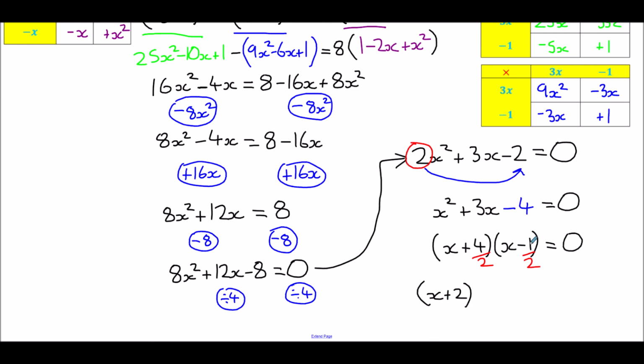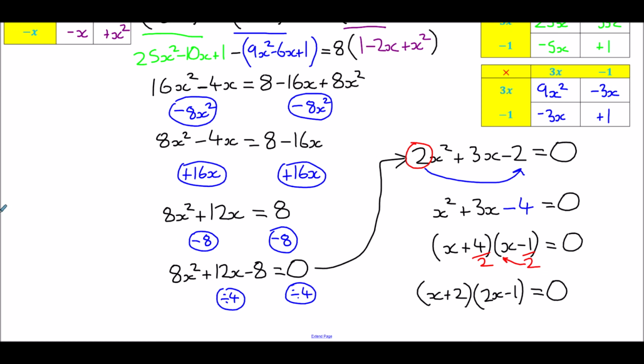Can we divide 1 by 2? We can't. Does a half simplify down? No, it doesn't. So what we do now is we move this 2 in front of the x. So you have 2x minus 1 equals 0.